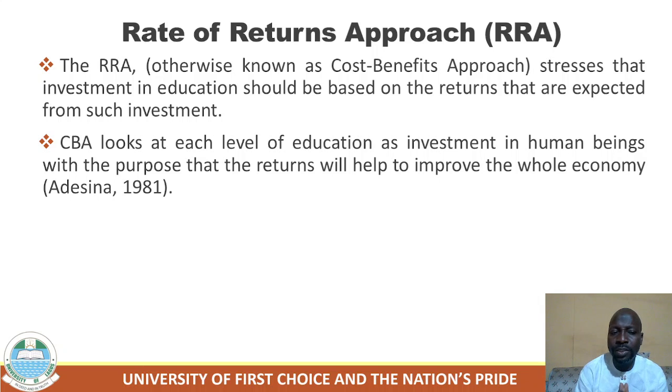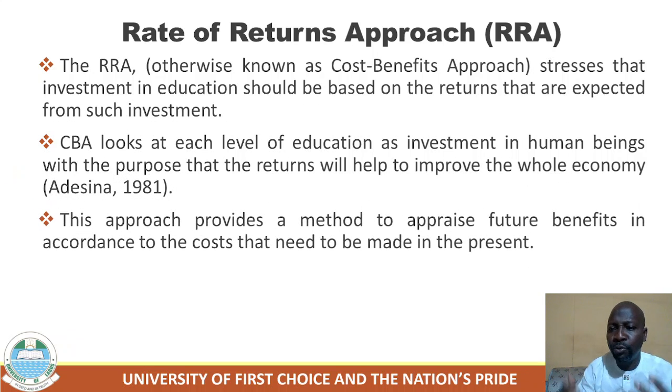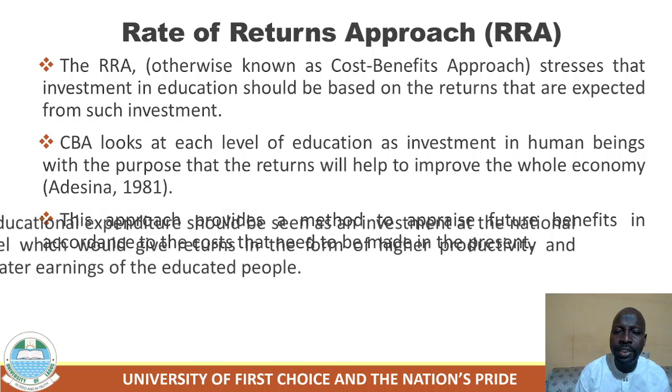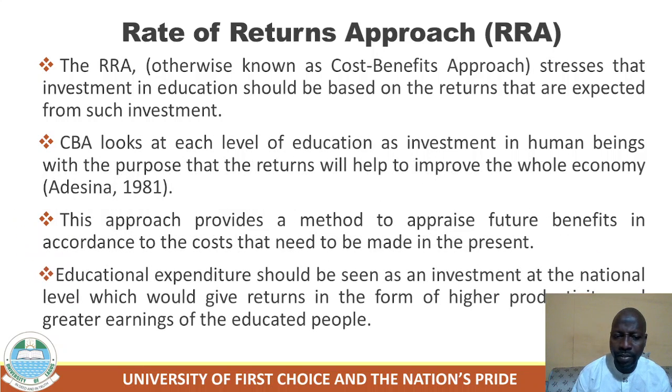But the rate of returns approach or cost benefit approach can be applied at any level of education because each level of education is seen as investment in human beings with the purpose that the returns will help to improve the whole economy. So this approach provides a method to appraise future benefits in accordance to the cost that needs to be made in the present time.